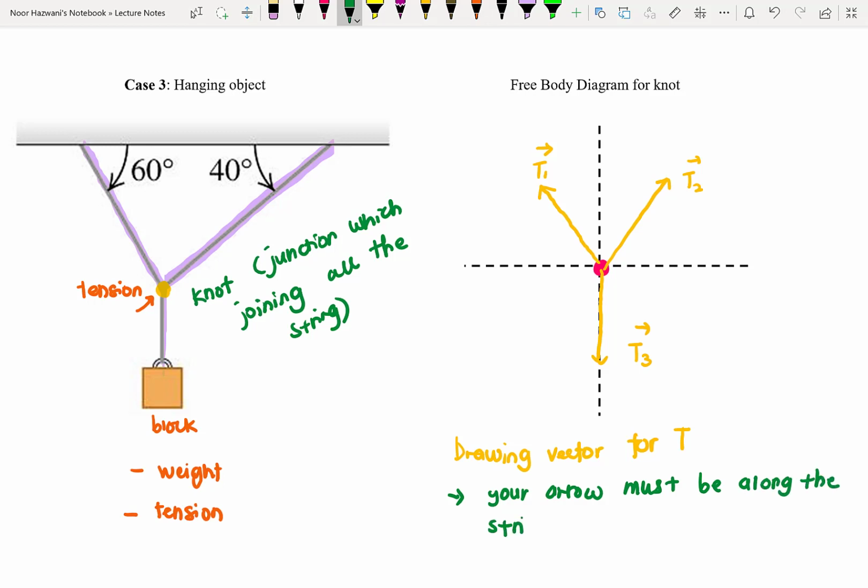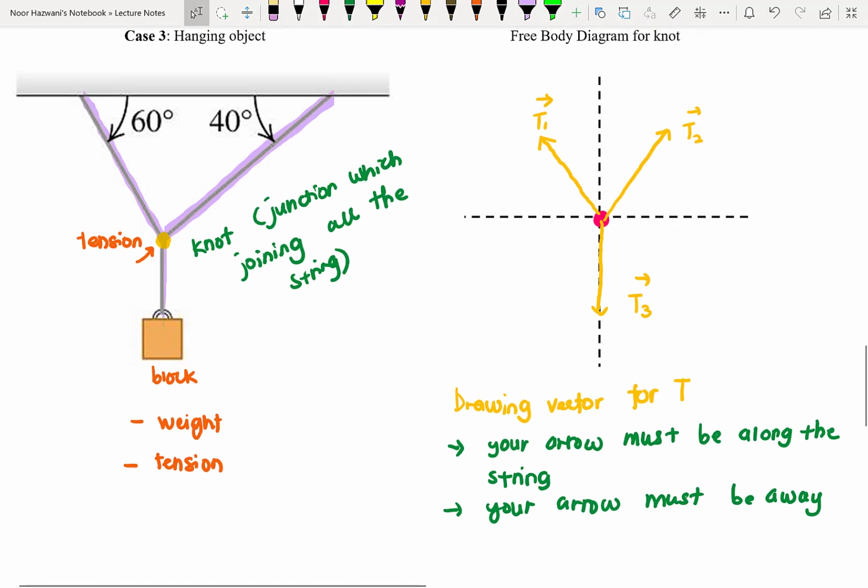That's the first thing. Second, your arrow must be away from your object.